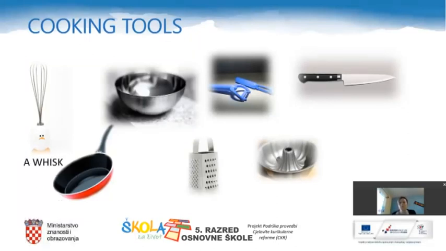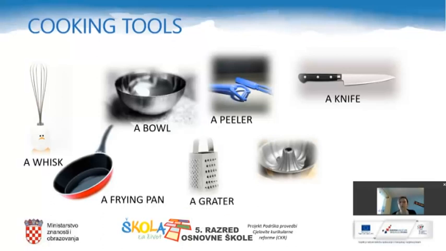A whisk, a bowl, a peeler, a knife, a frying pan, a grater, a cake tin. Maybe you can add some more words to this list. Take a look in your kitchen and write down some other cooking tools that you have in your house.